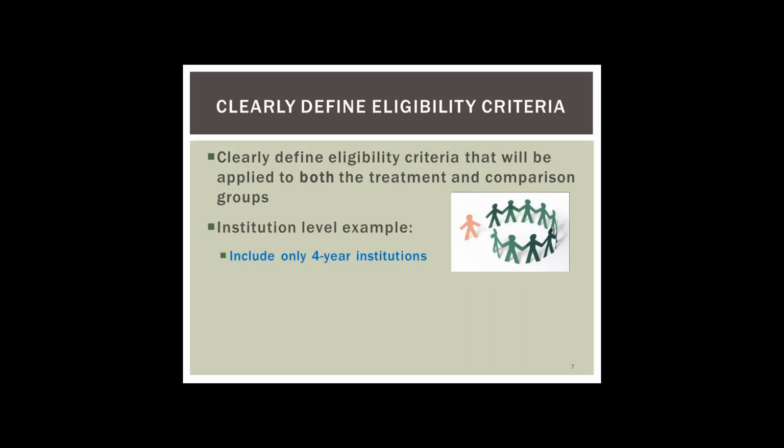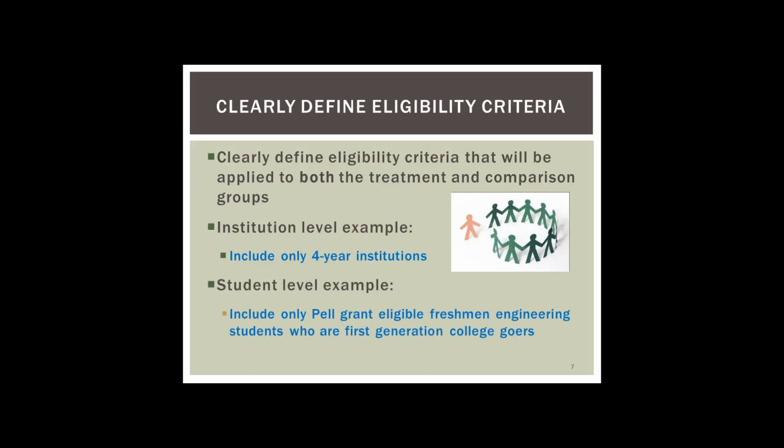So for example, if your treatment targets 4-year institutions, you probably want your comparison group to also include 4-year institutions and not 2-year colleges. Likewise, if your intervention targets students who are freshmen and first-generation college goers who are eligible for Pell Grants, you probably want similar types of students in your comparison group as well. So where to start forming that comparison group, look to your eligibility criteria for some clues.